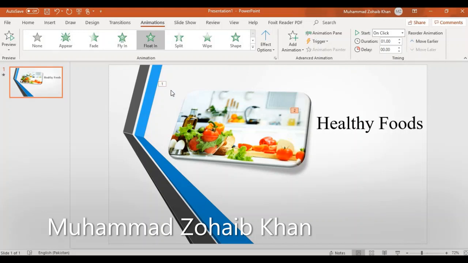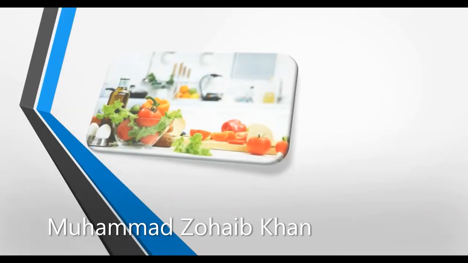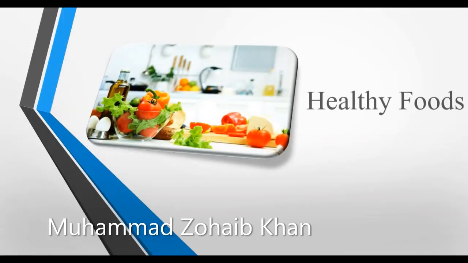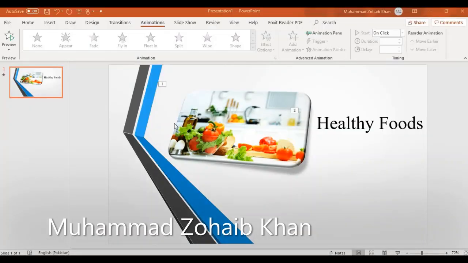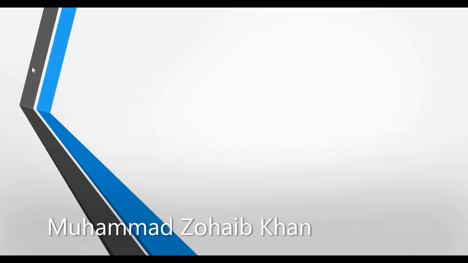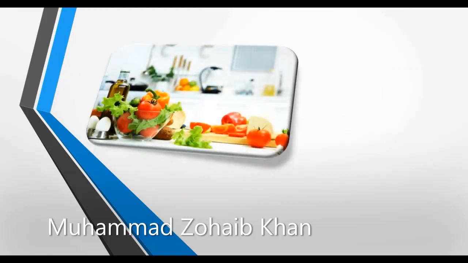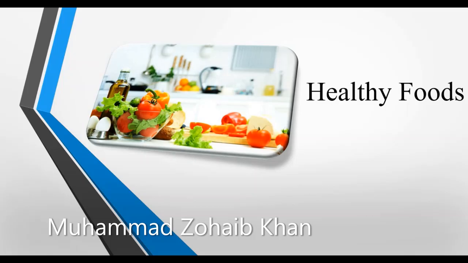This means that when you open the slideshow, first the transition is applied to the slide, and after that you click and this will come, and on the next click this will come.